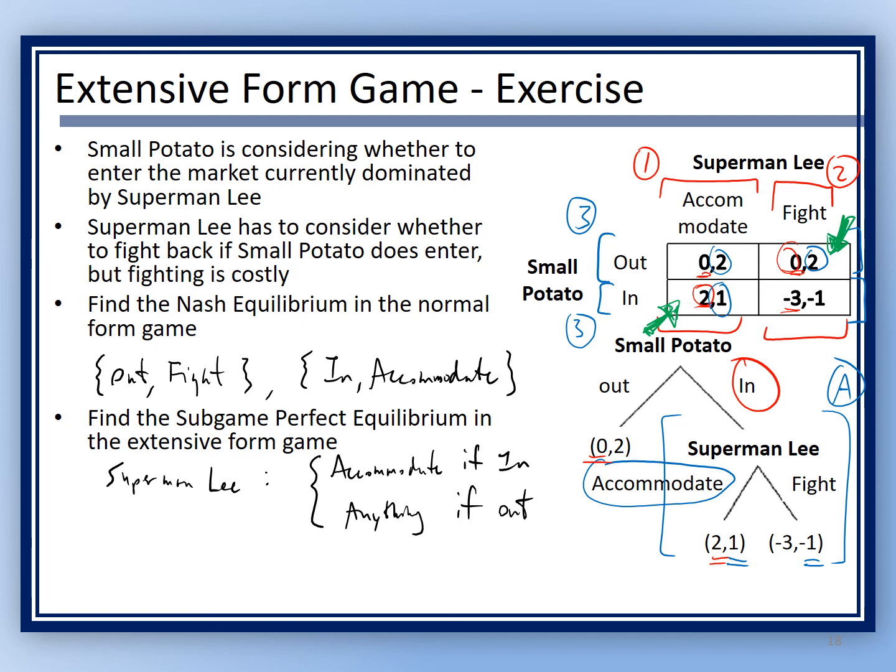In the case of Small Potato, he's just going to choose in. Once again, you have first mover advantage here because there are two possible pure strategy Nash equilibria. The one who moves first gets to choose which one. If you reverse the game and have Superman Lee move first, the subgame perfect equilibrium would become Superman Lee choosing fight and Small Potato staying out.